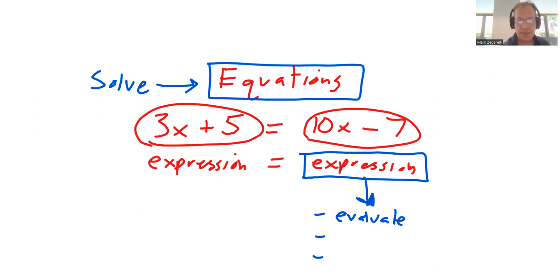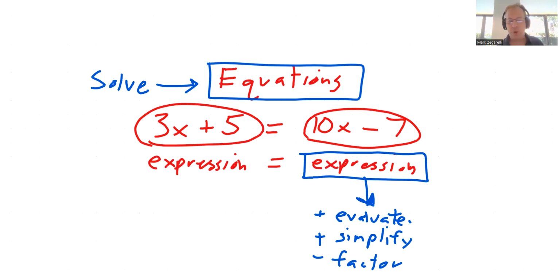To evaluate them, we can simplify them. And we can factor them. And in pretty quick order, we've started with evaluation and simplification, and we're holding off on factoring for a while. So what is evaluation? Let's talk about that.